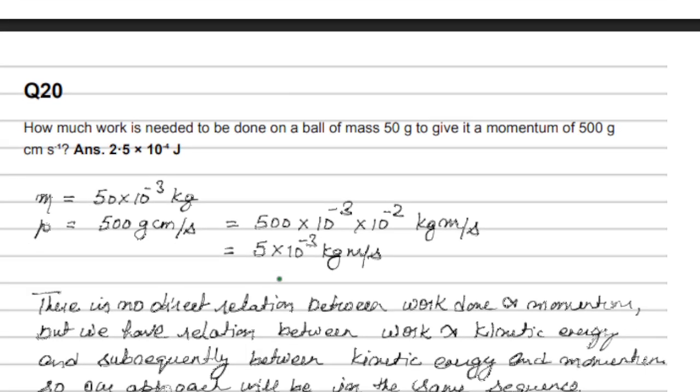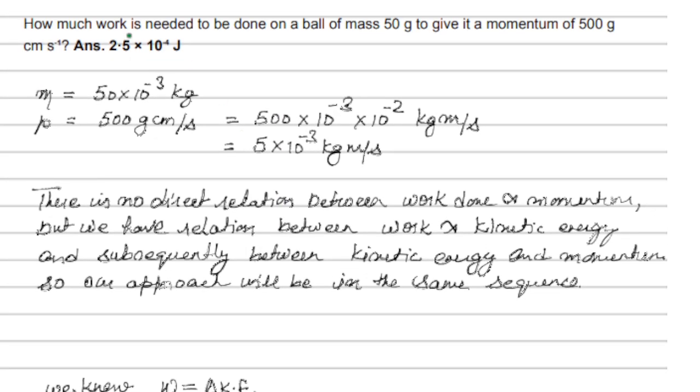Let's do question number 20. How much work is needed to be done on a ball of mass 50 gram to give it a momentum of 500 gram centimeter per second? First, I converted them into SI units, kilogram meter per second.